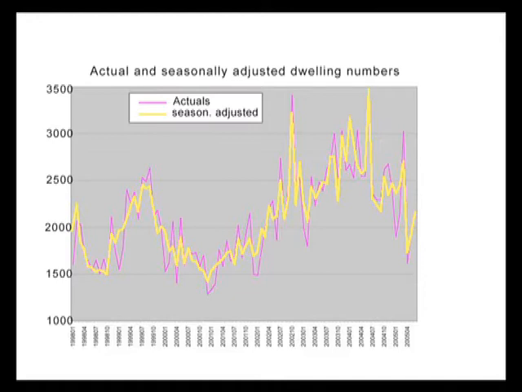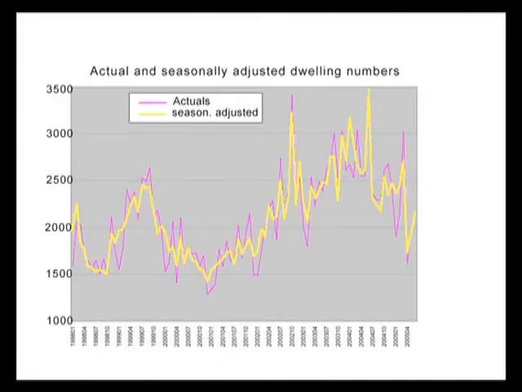This building consent series is also an indicator used by the Reserve Bank to set their interest rates. And so they tend to wait until the latest value of the series is released before they review their cash rates. So they're very interested in turning points in this series.